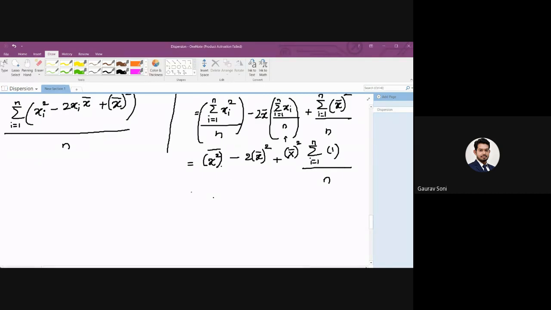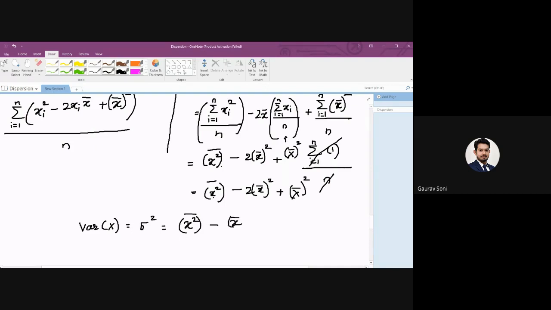So this will be x square bar minus 2 times x bar square plus x bar square. This will get cancelled out with this. So we have x bar square. So the final formula for variance of x, which is also denoted by sigma square, is equal to x square bar minus x bar square.